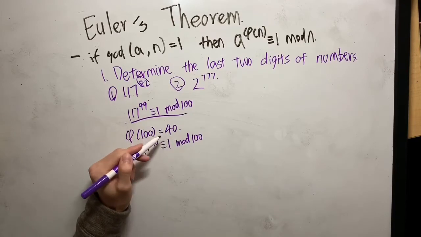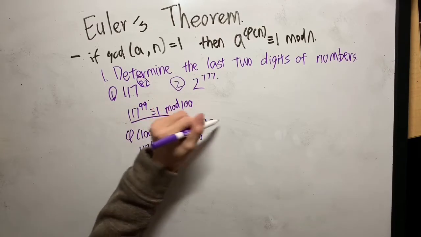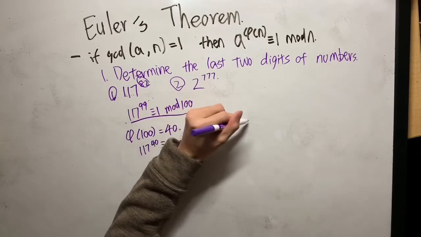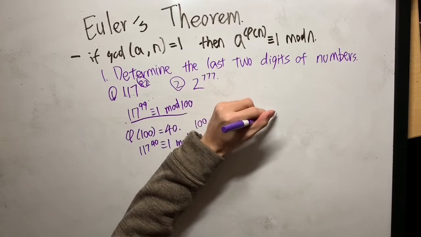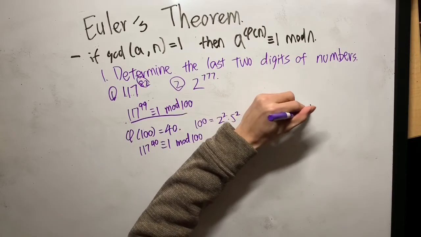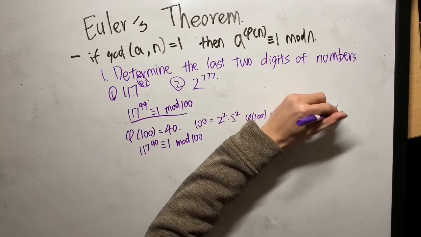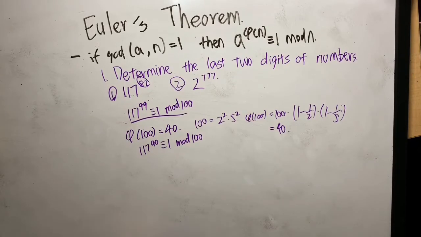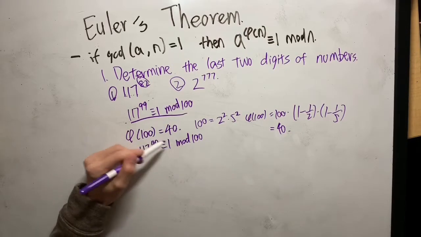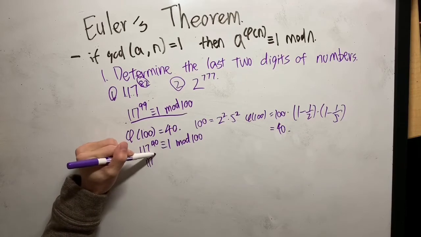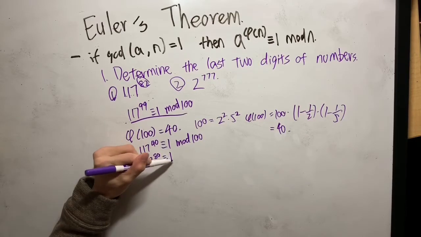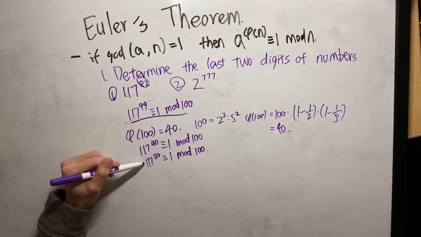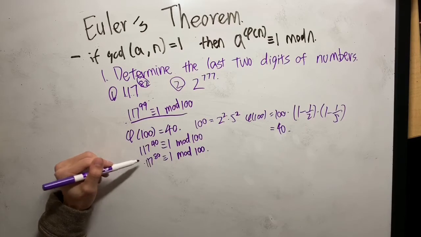For the 40 part, we have 100 equals 2 squared times 5 squared, and phi of 100 equals 100 times (1 minus 1 over 2) times (1 minus 1 over 5), which equals 40. Squaring both sides, 117 to the power of 80 is congruent to 1 mod 100. And we multiply by 117 squared on both sides.